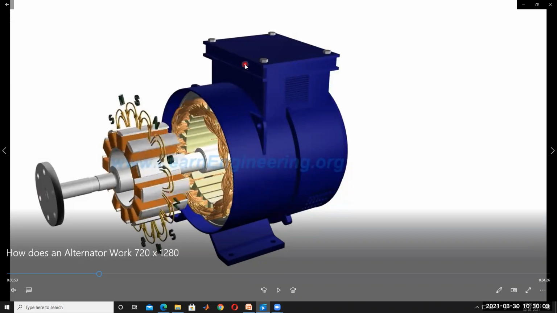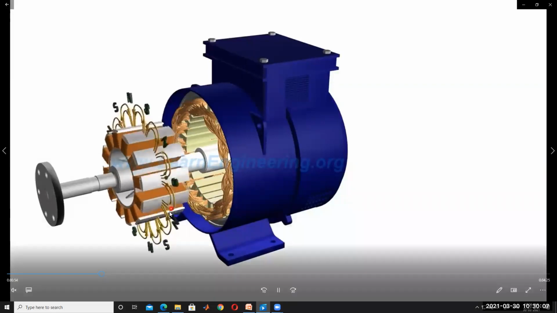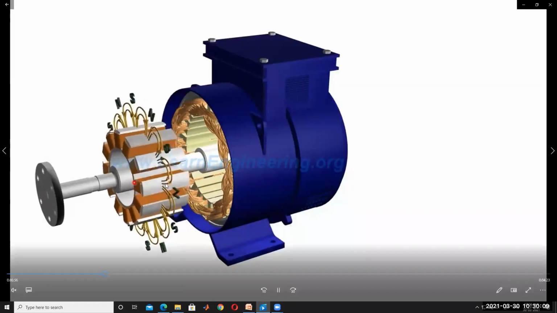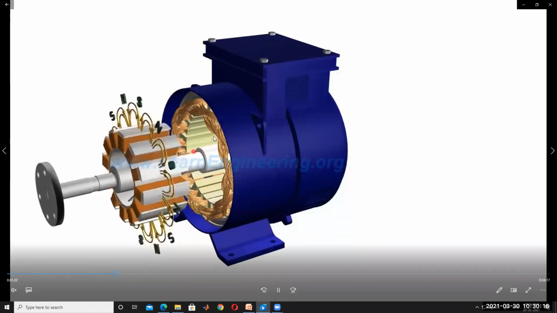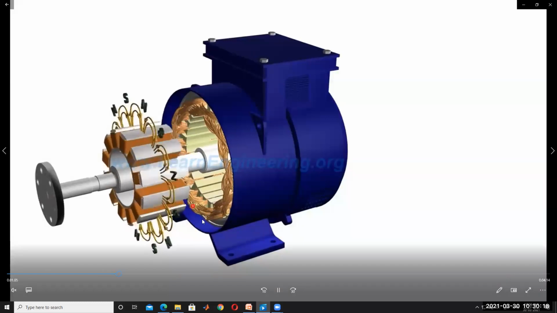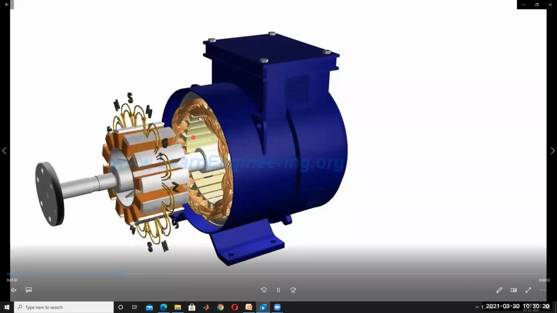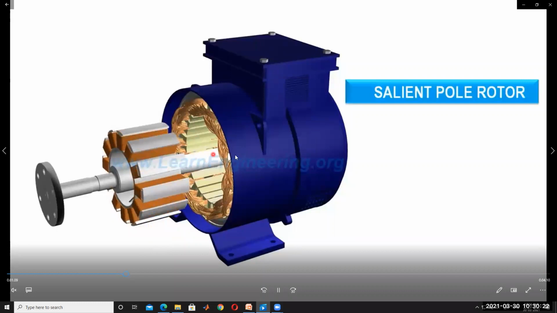That is called the generated EMF. Like this the generator is working. This rotor winding is placed inside, and once it rotates inside the stator, the EMF is generated.